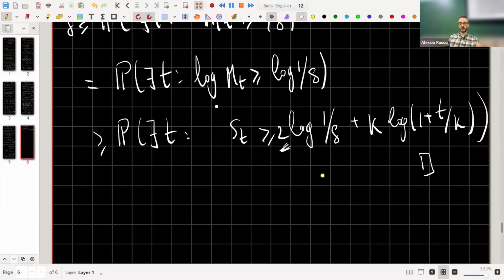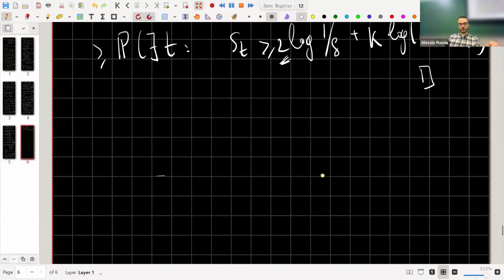In the computation, I chose a prior that makes the computation very easy. It's a prior that is a Gaussian centered in theta with variance sigma squared. Which means that if the true model that generates the data is very far from theta, let's call it theta prime, since we have put the Gaussian on theta, the Gaussian will tend to zero very quickly.